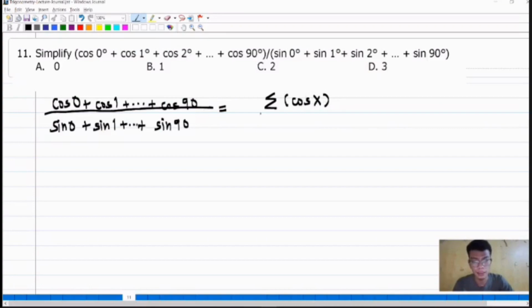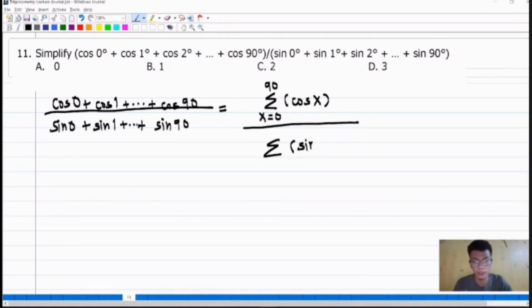That means na yung x natin ay magbabago from 0 papunta sa 90. Diba? Isasum yan ng ating calculator lahat ng cosine x wherein yung x will be varying from 0 to 90.